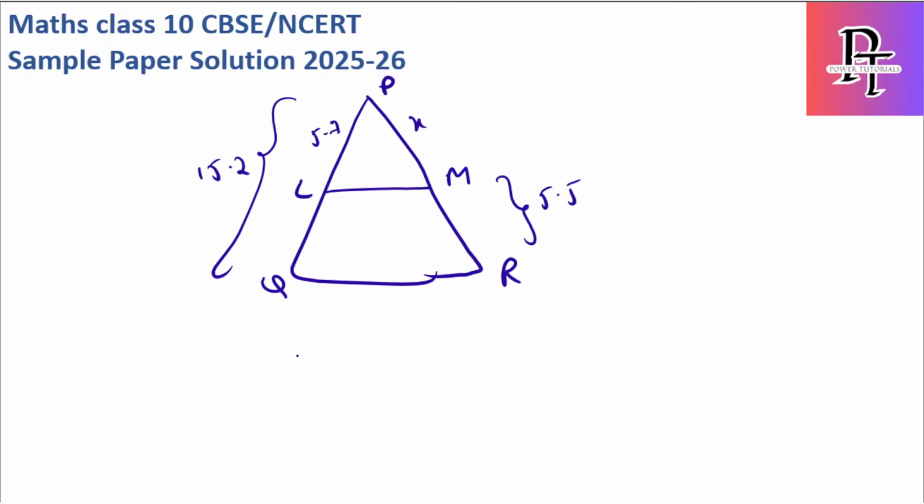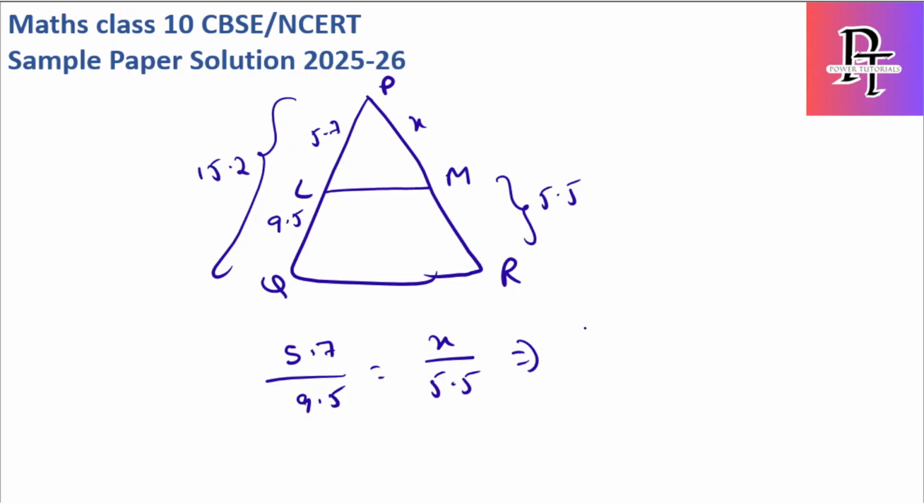Now this will be 5.7 by 15.2 minus 5.7, which is 9.5. So 5.7 by 9.5 is equal to X by 5.5.